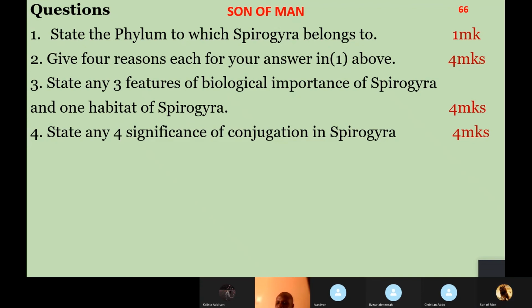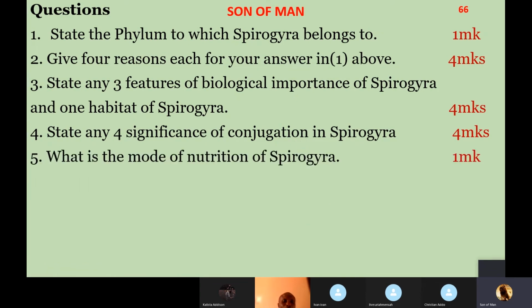Means of variation. Very good. Zygote is used in colonization of a new site by the spores. I like that. So Callista did give us 4 significance of conjugation. I'm very, very happy I could hear a voice now.